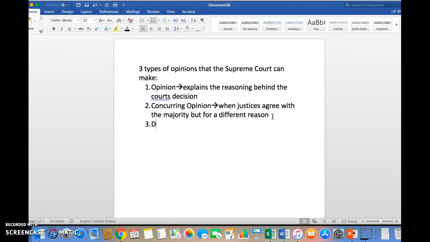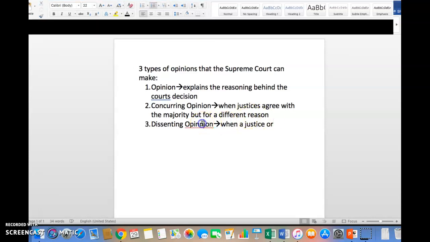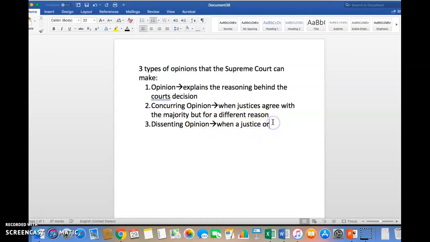And then the last one is what is called a dissenting opinion. That is when a justice or justices disagree with the majority.